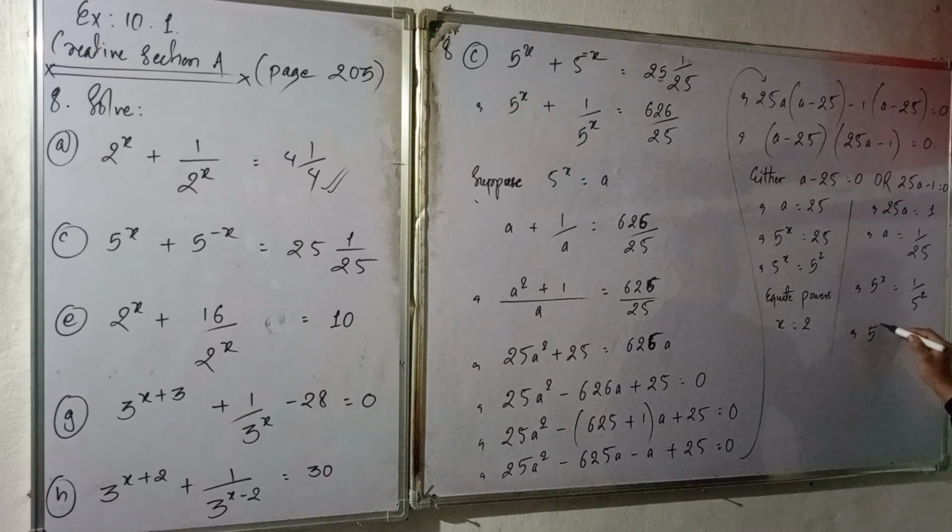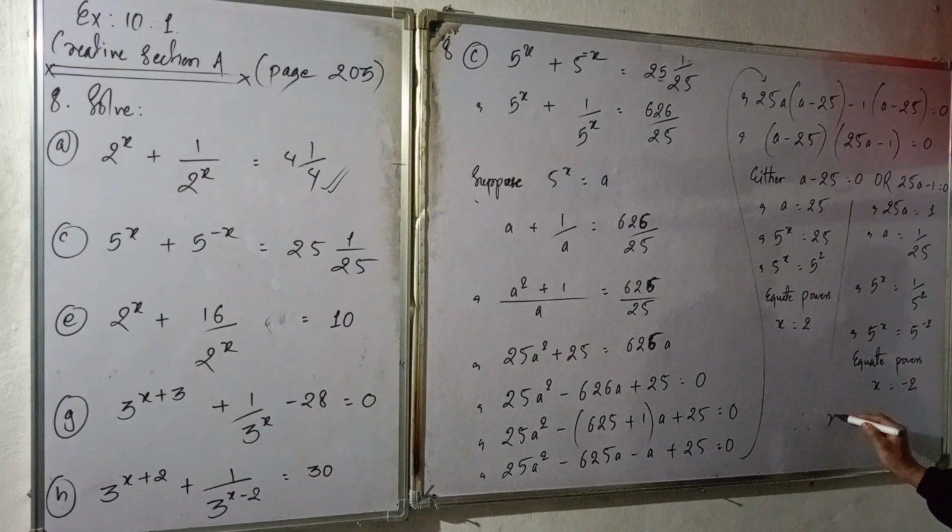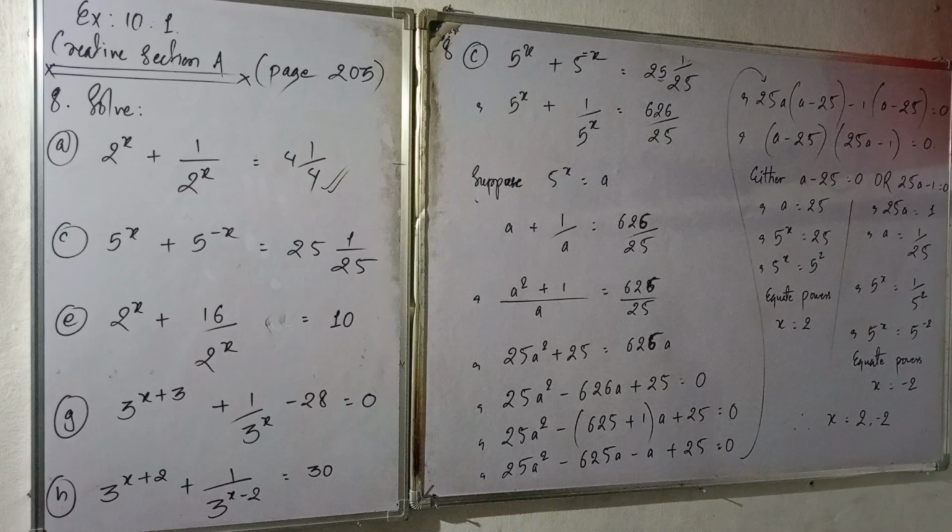Now you want to move this 5 square from the denominator to the numerator, so the power becomes a minus sign. Now equate powers, you will get x equals to minus 2. Therefore x equals 2 or minus 2. Finish. And this is how it is done.